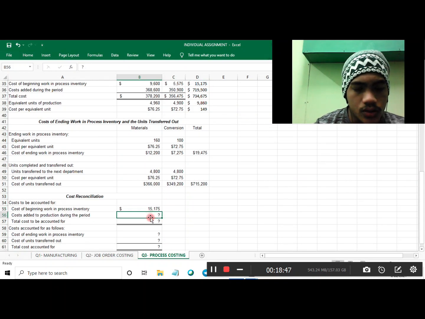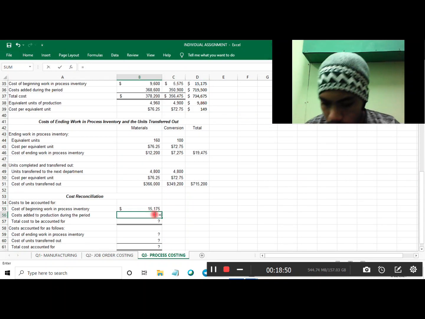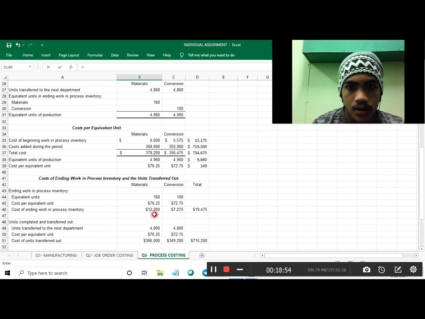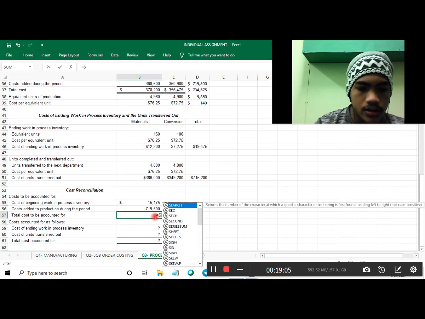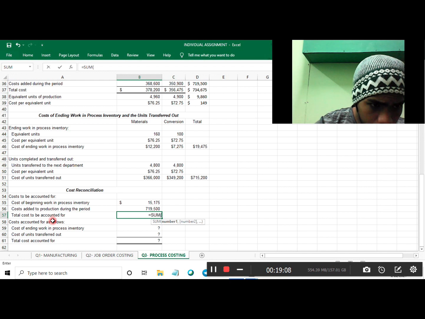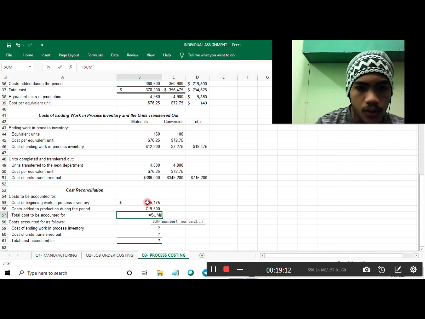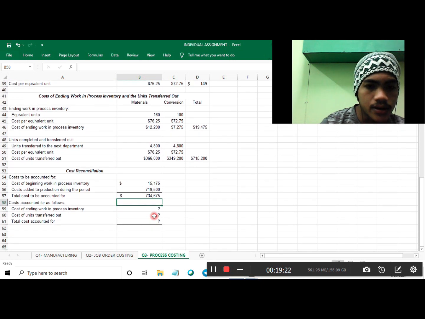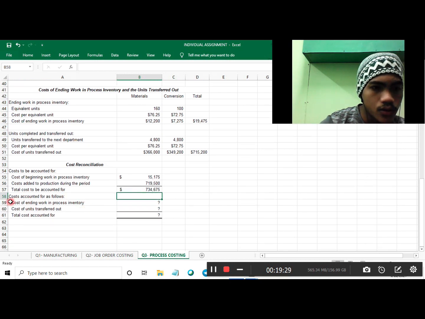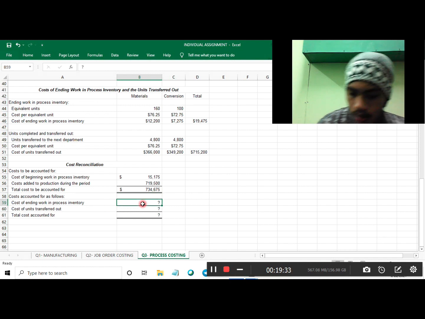And then for cost added to production during the period, we take the cost added during the period, the total of material plus conversion, and using the formula sum, we get the total cost to be accounted for: 734,675 ringgit.